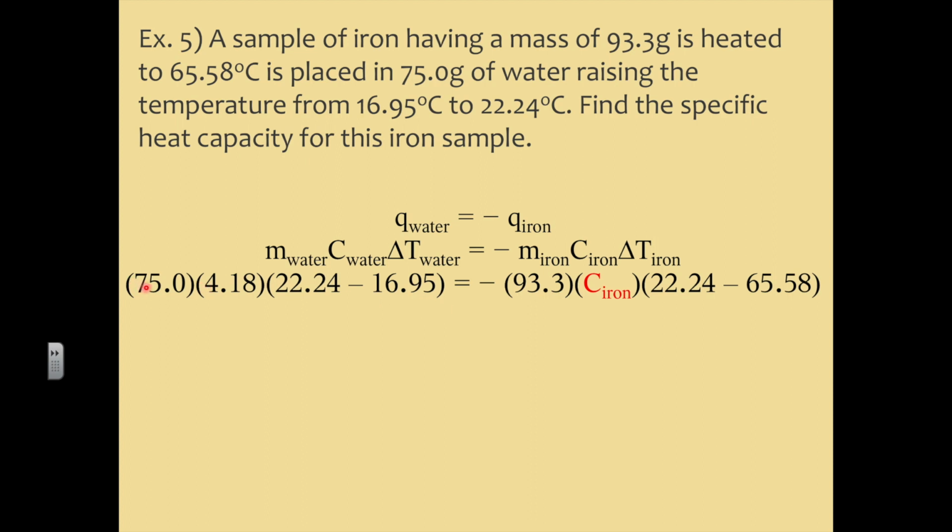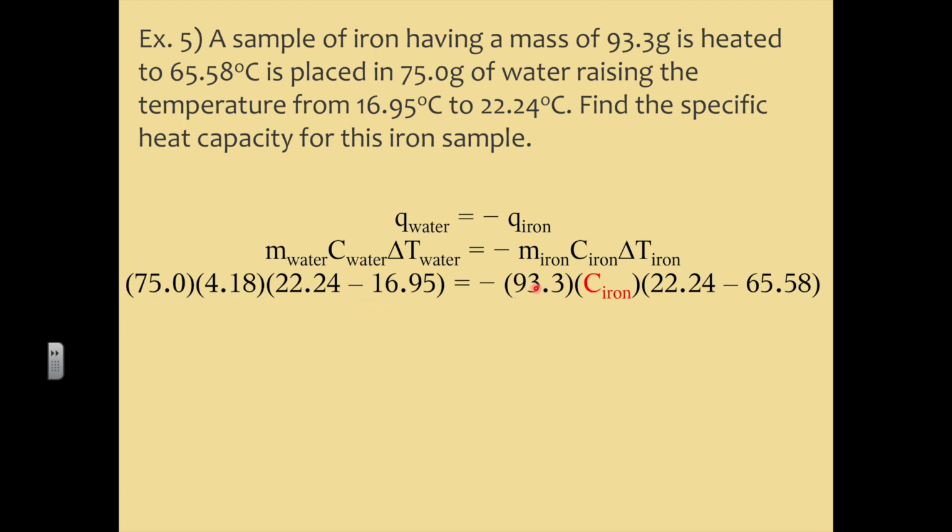The mass of water was 75 grams. That was easy. The specific heat was not given here, but I already know it. It's one of those numbers you always know, because we use it so much: 4.18. And the change in the temperature of water is final minus initial. So that's no problem there.